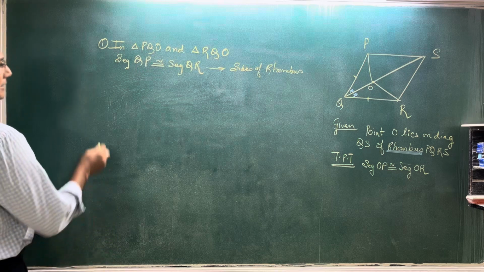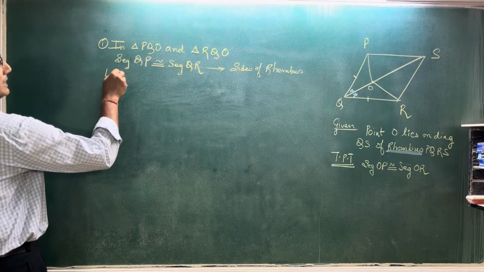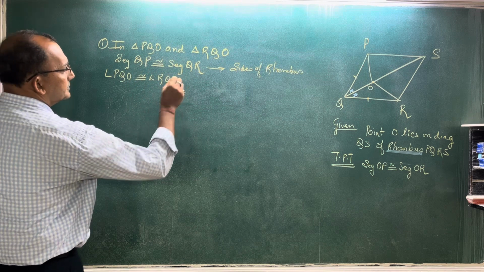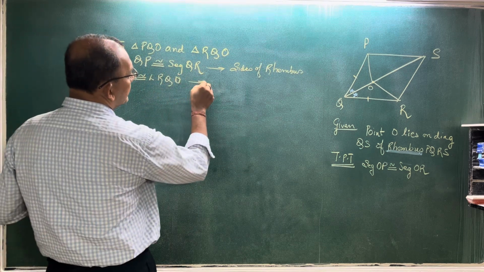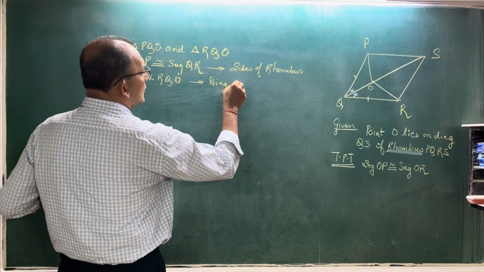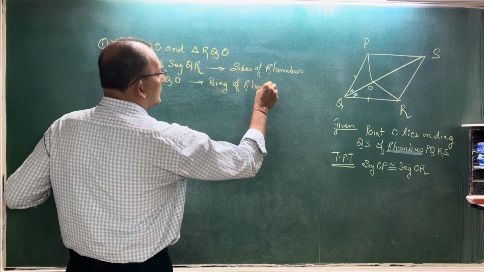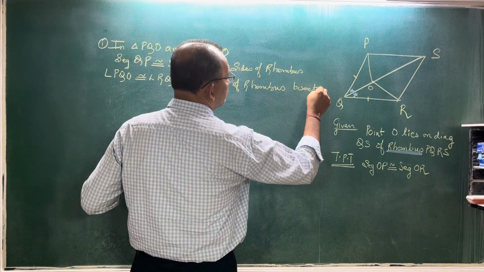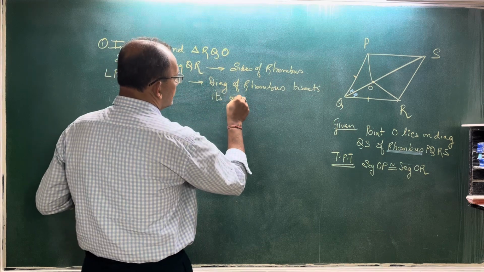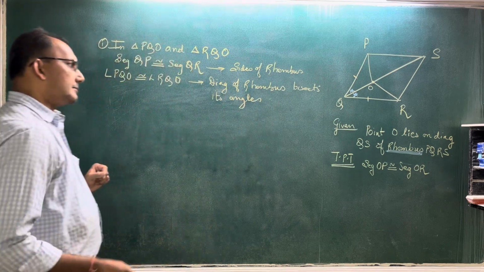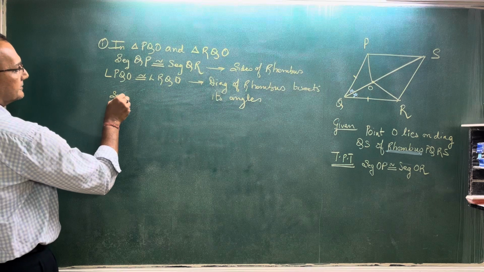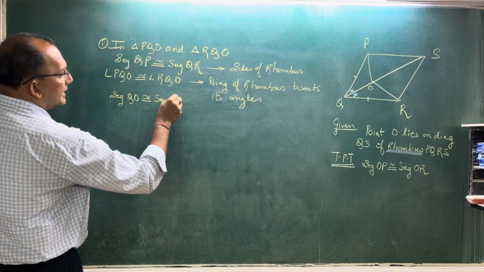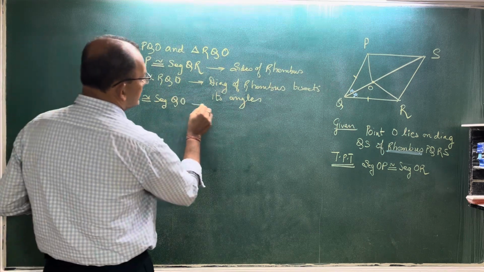Okay, then angle PQO will be congruent to angle RQO. For this, the reason will be diagonals of rhombus bisect its angles. Next, segment QO will be congruent to segment QO. This is the common side.